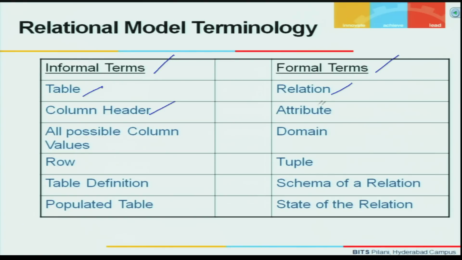Column header is called an attribute. The set of all possible values under a column is called the domain of that particular field or column or attribute. Informally we call them rows in a table, and formally we call them tuples.